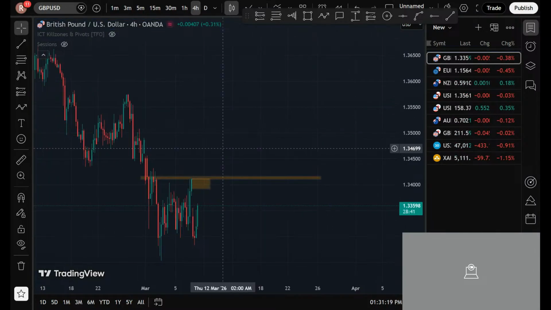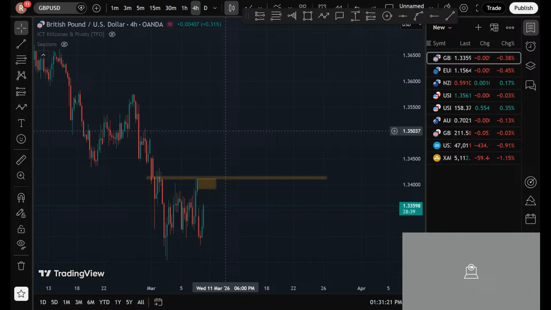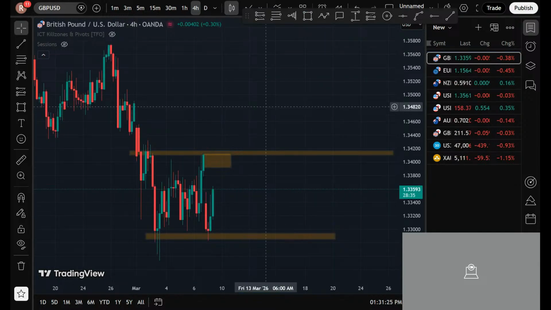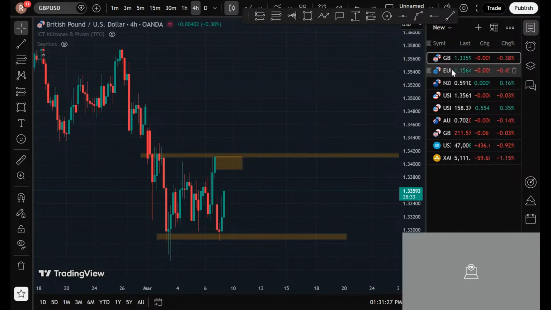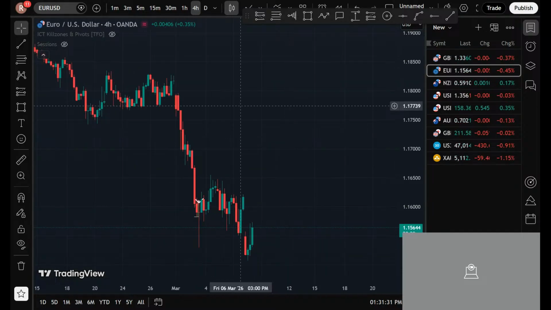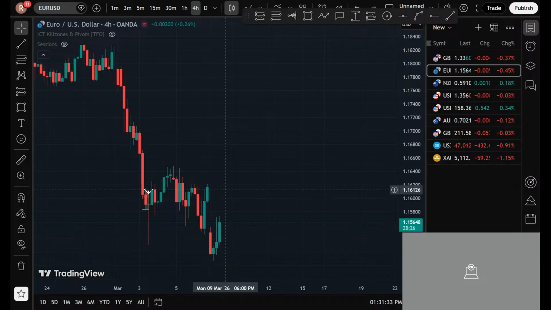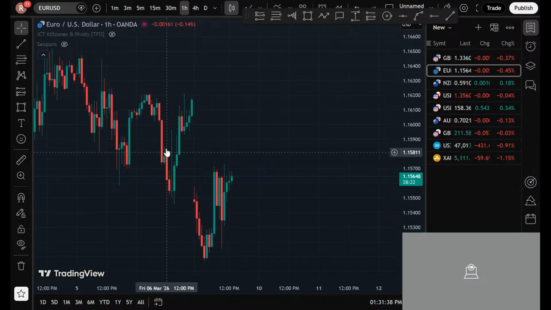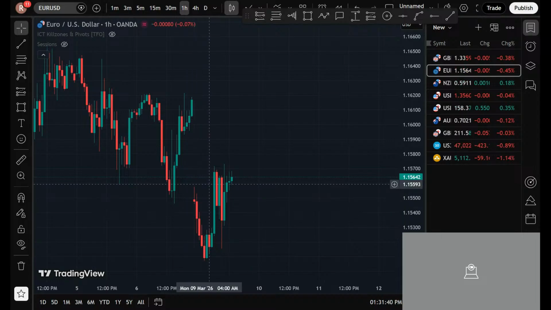Now, I have to do some fresh, proper analysis. That analysis was just a view of everything. Euro USD looks so good for me to sell. So in the 1 hour time frame, sellers, buyers, sellers, buyers.